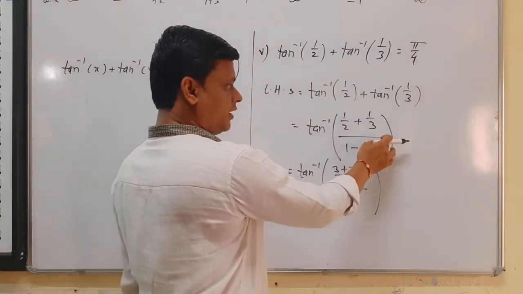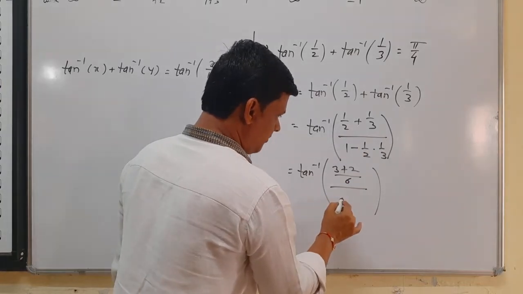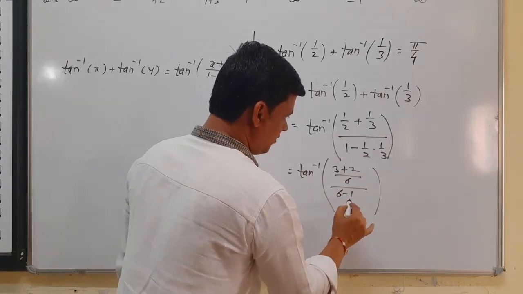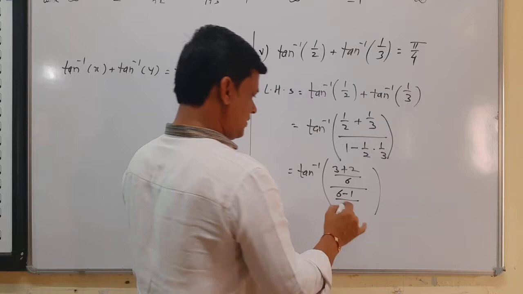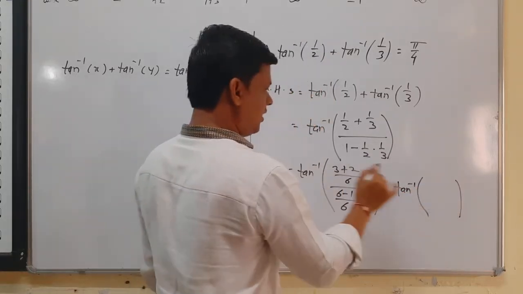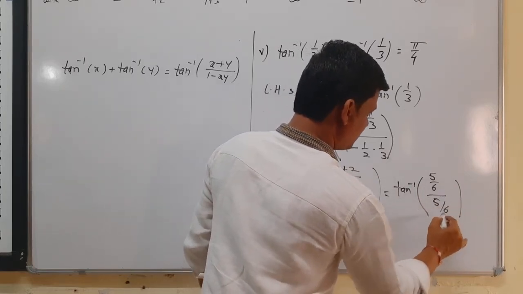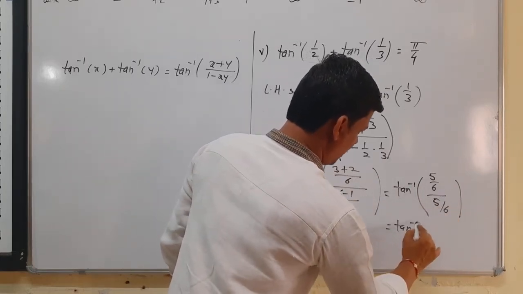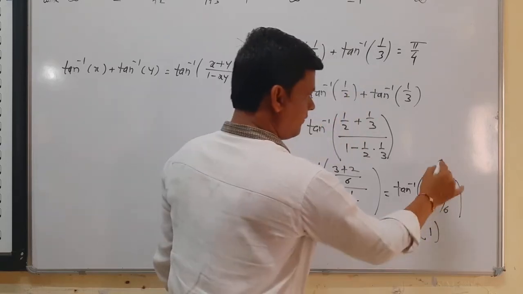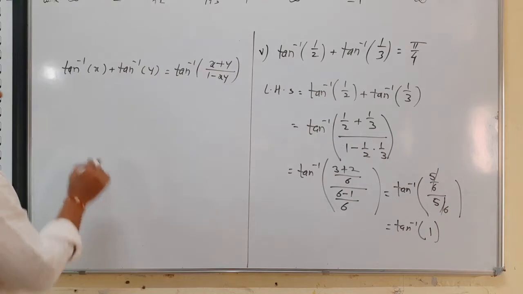Here 1 into 1 is 1, 2 into 3 is 6. So we get after cross multiplying 6 minus 1 upon 6, that is equal to tan inverse of 3 plus 2, that is 5 by 6 upon 5 by 6, which is equal to tan inverse of 1. 5 by 6 gets cancelled, which is equal to 1.